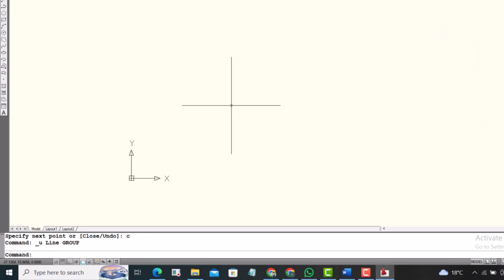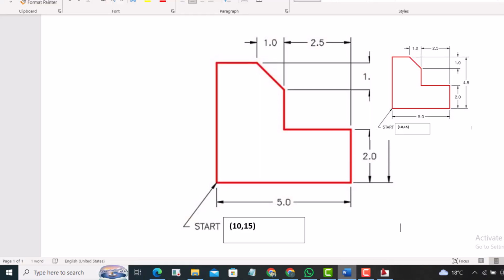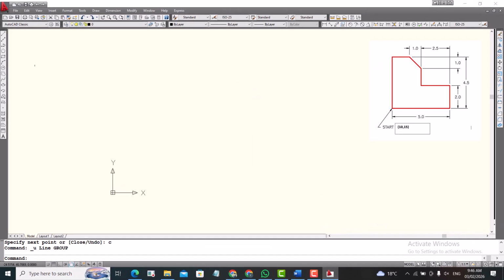Now let us solve an example. We have this example that includes all systems. Let's solve. Activate line. First point is in absolute coordinate system 10,15. Yes, this point.